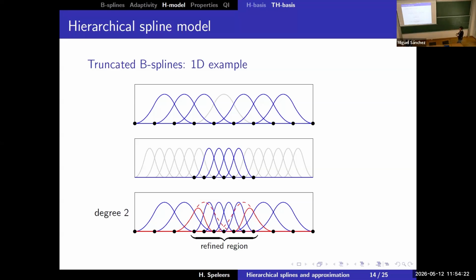And basically, you see that I get a new set of functions, which actually span the same space, and they are still non-negative. And that is not a coincidence. You can prove that these new functions remain non-negative.